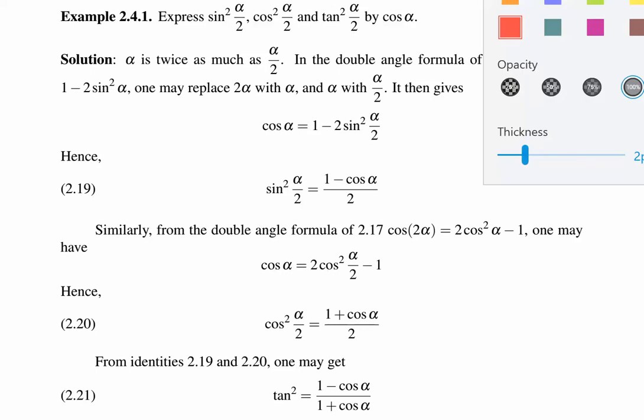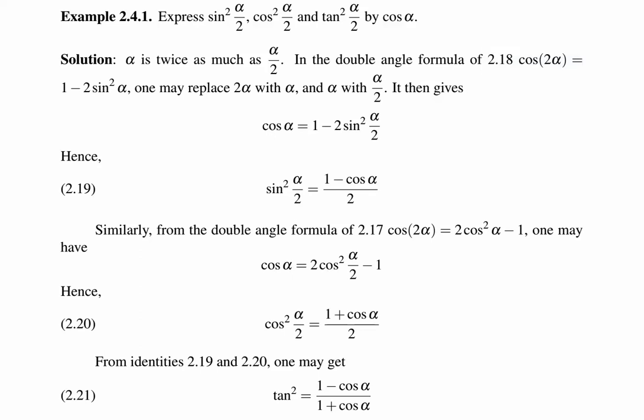Previously, we have learned the double angle formula, like here 2.8, which is cosine 2 alpha equals 1 minus 2 sine alpha squared.